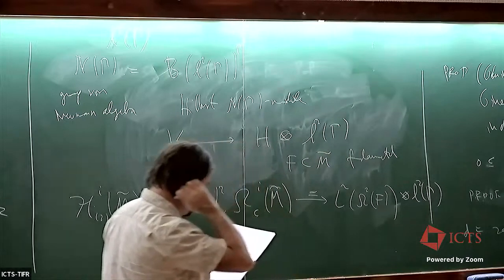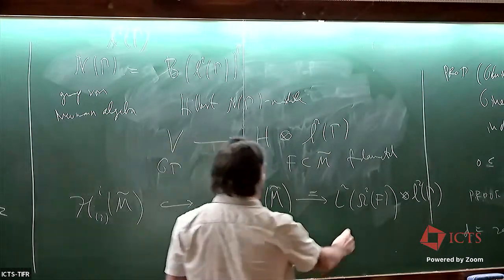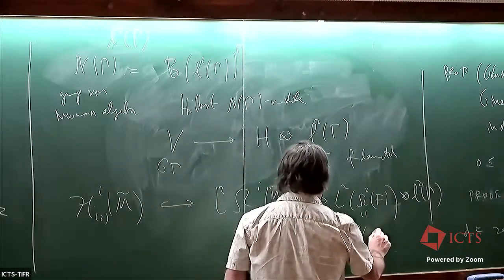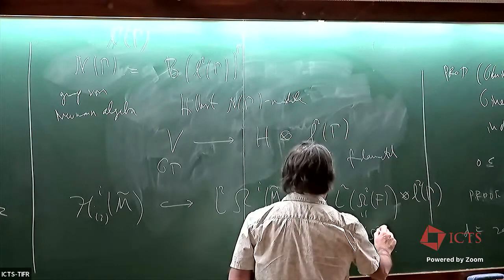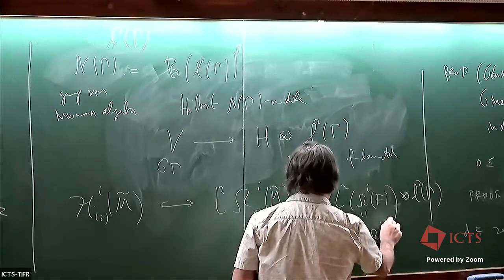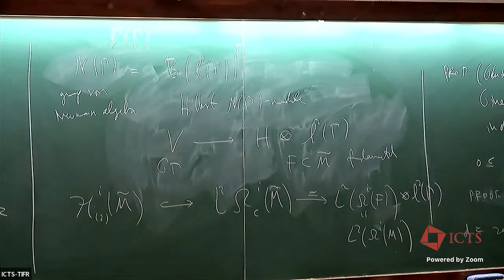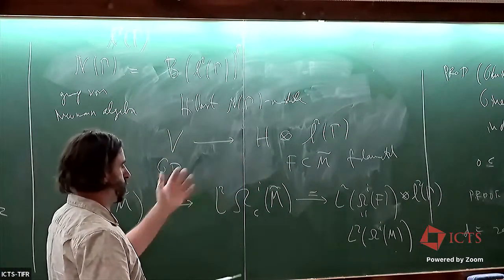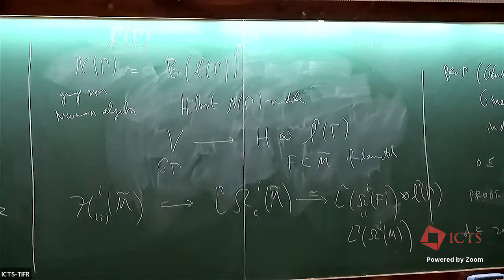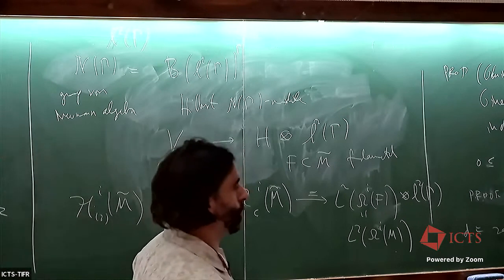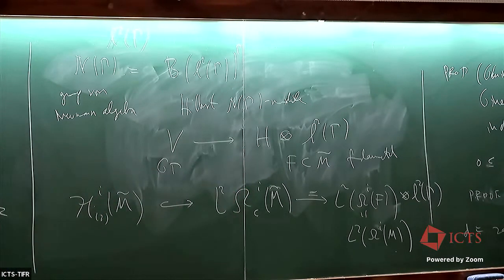So this is the same as L2 functions on M. For example, if you're dealing with M compact, this is just going to be easier, but you can do this for any manifold which has a complete metric.